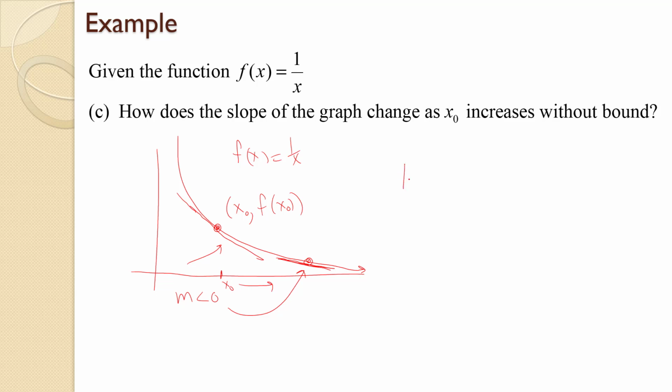And in fact, if we take the limit as x naught goes to infinity of the slope that depends upon that x value, you take the slope, which was negative 1 over x naught squared, and take the limit of that as x naught goes to infinity, and we know that limit is 0, which is exactly what appears to happen when you look at the graph.